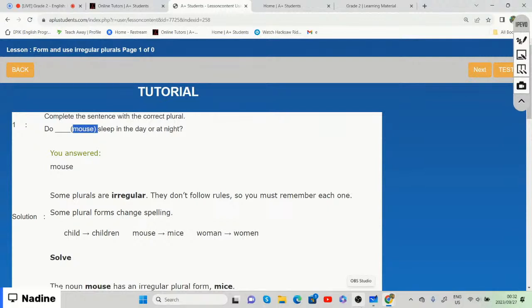All right, so if we want to look at the word that refers to more than one, we can say do mice.